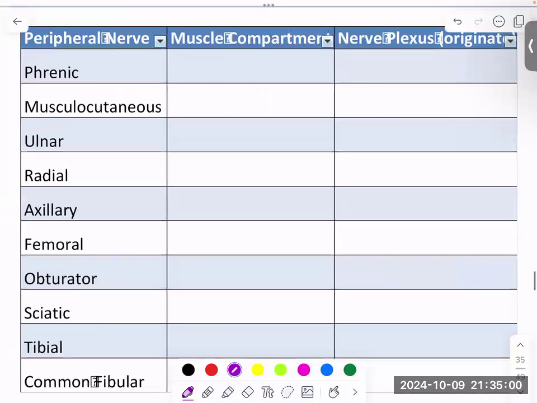Muscle compartment of the phrenic nerve, diaphragm. Which plexus? Cervical. Which roots? C3, C4, C5.